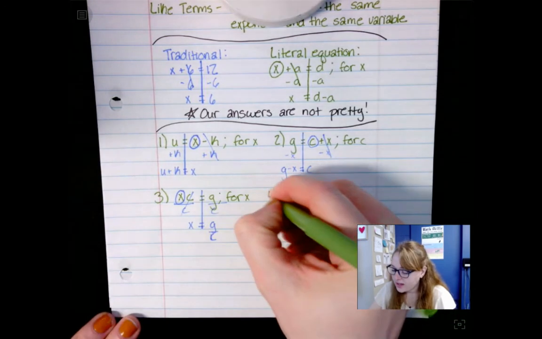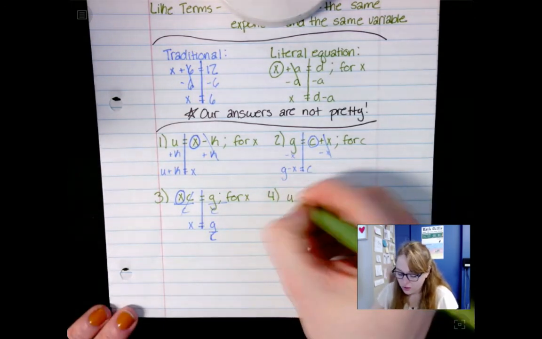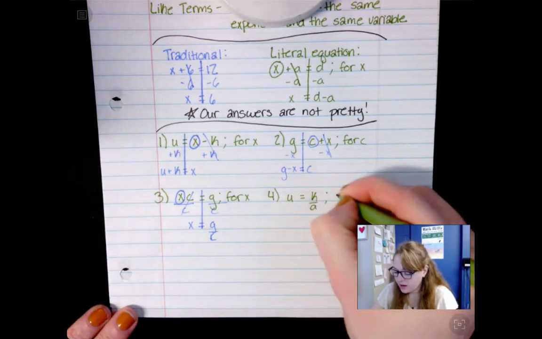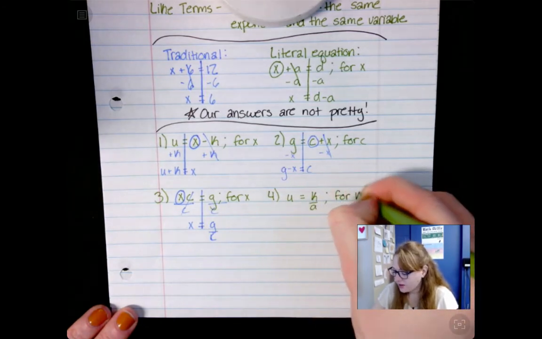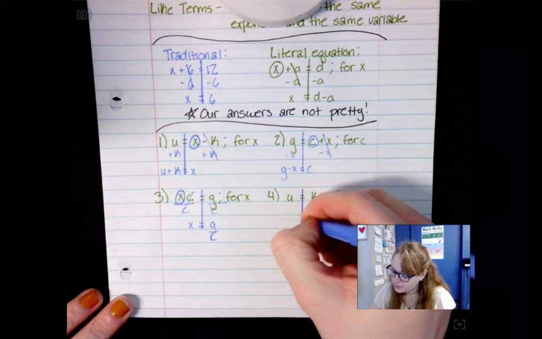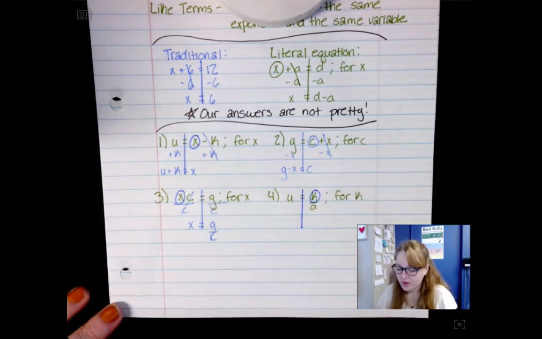Number 4, and the last one on page 41, we have u is equal to k over a, solve for k. So again, line down our equal sign and then circle the variable we want, in this case, this k.